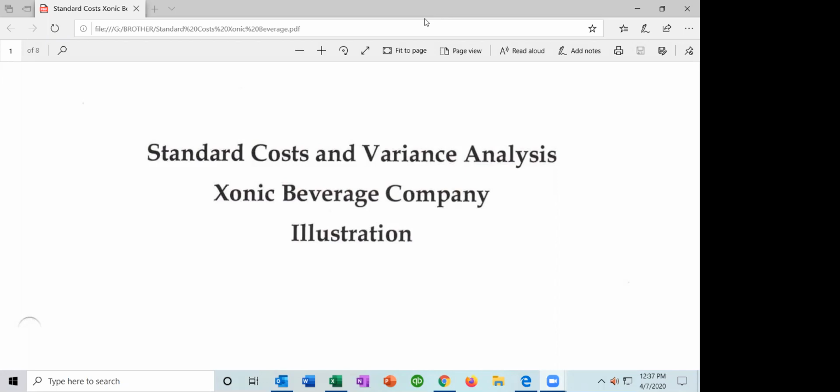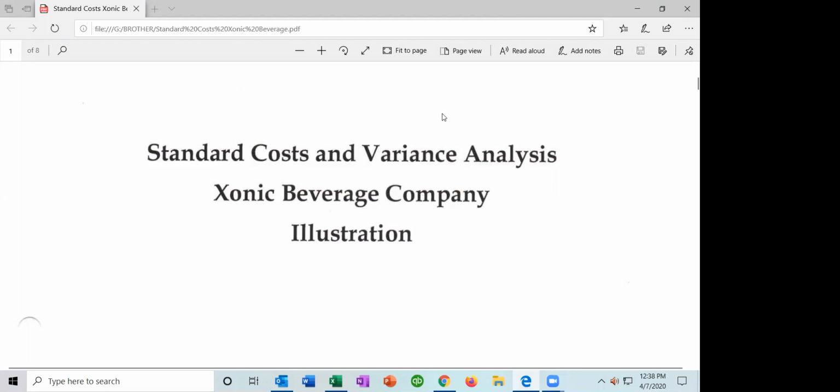But then we learned how to prepare a flexible budget, and a flexible budget told us how the company should have performed at the actual level of output. When we do variance analysis, we're going to be looking at the standard. The standard is the flexible budget. It answers the question how the company should have performed at the actual level of output.